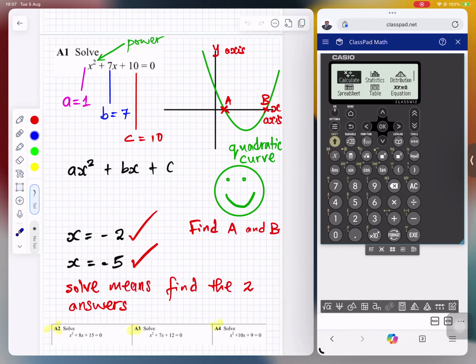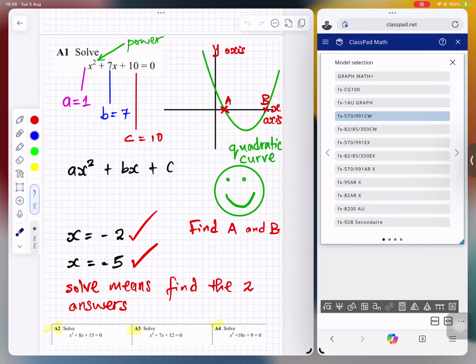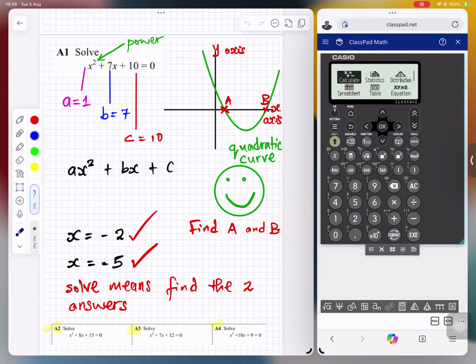Okay, it hasn't got equation. You see this one? This one is showing on the screen. It has equation in it. So yours doesn't have equation. You need the modern, the latest one. The latest one has equation. So you won't be able to do this with the calculator because your calculator hasn't got it.